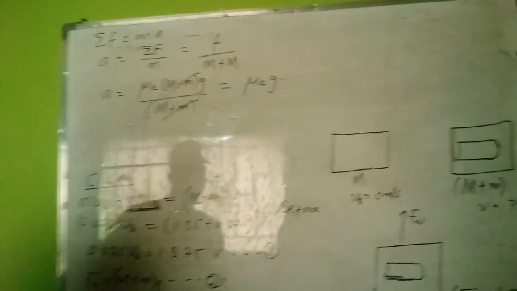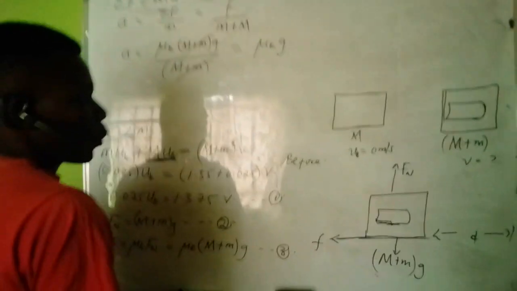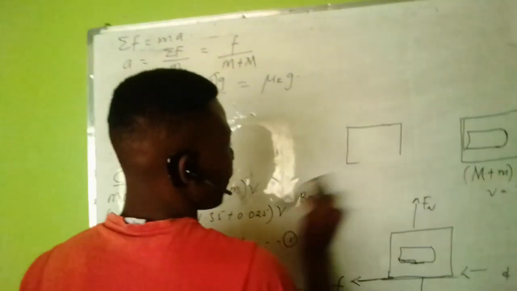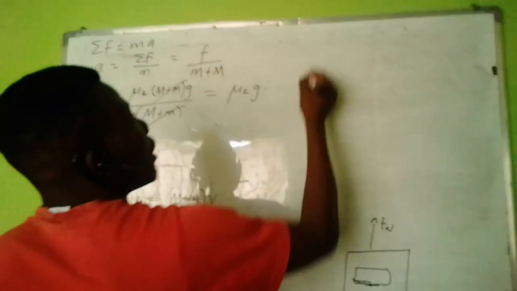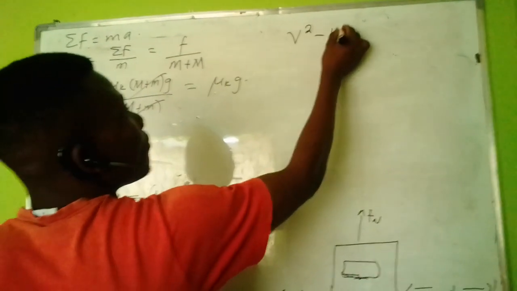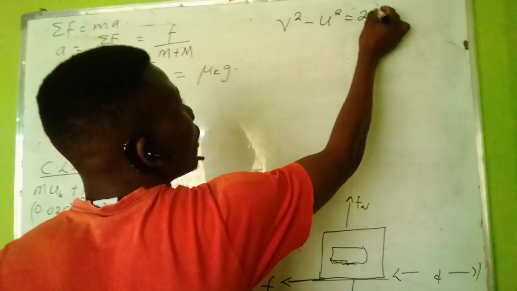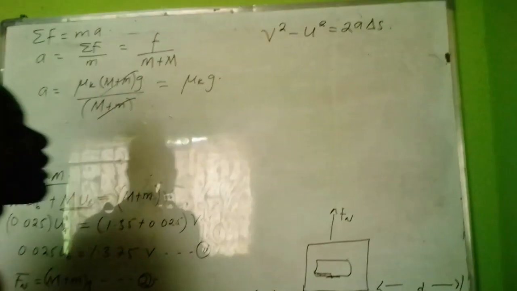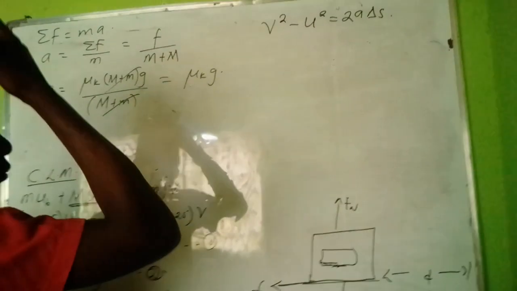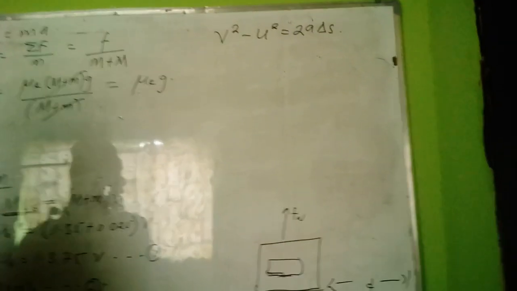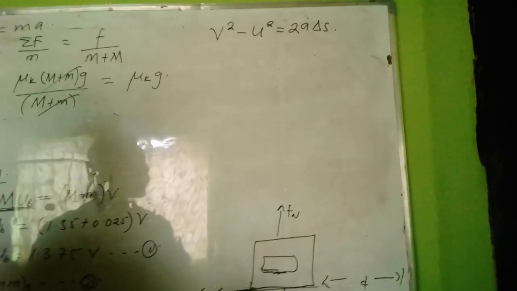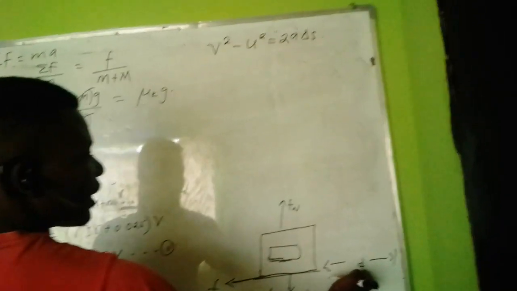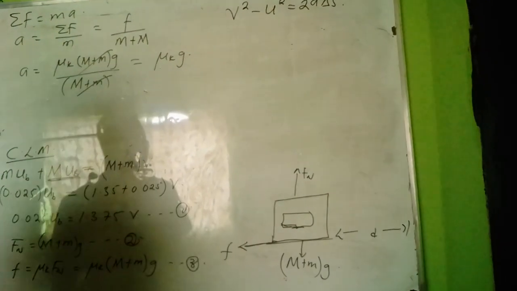Okay, so we have established that one, and now from kinematics we have v squared minus u squared equal to 2 a times the change in distance. Now v squared is what we want to find after the collision: at what speed did it move? Because we know already how far it moved, 9.5 meters.